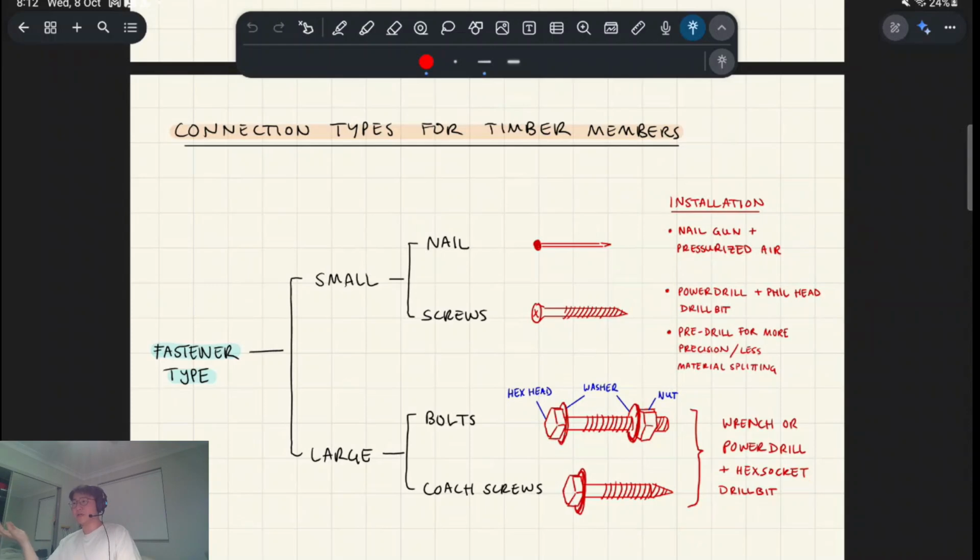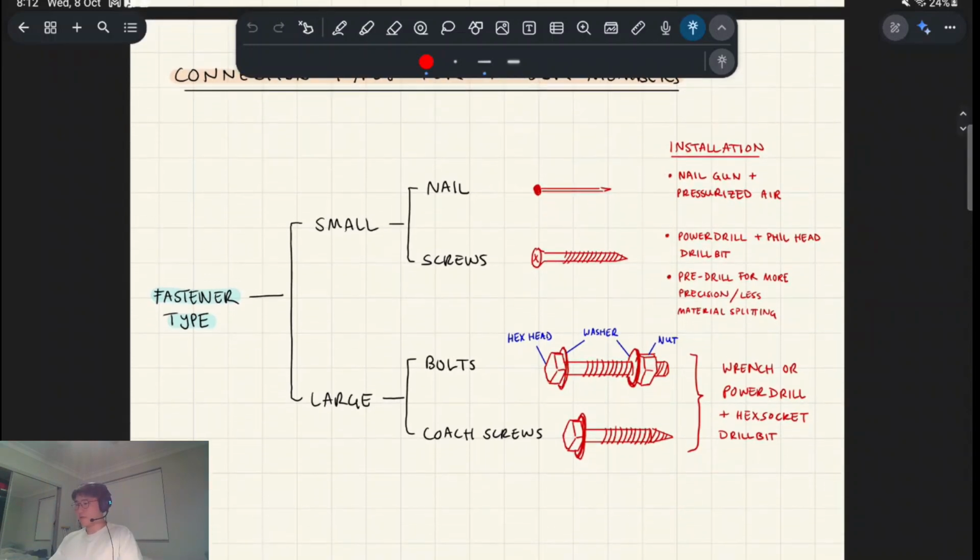This isn't really for timber, but you nail those in, and if you did that with screws, it'd take forever. Nails are very quick. One advantage of nails is that they're essentially the cheapest and fastest way of connecting members together. But you'll see in a second what the drawback is.